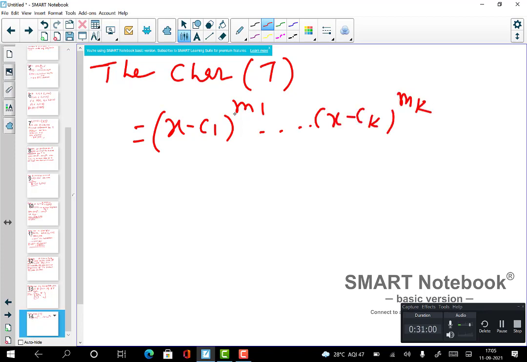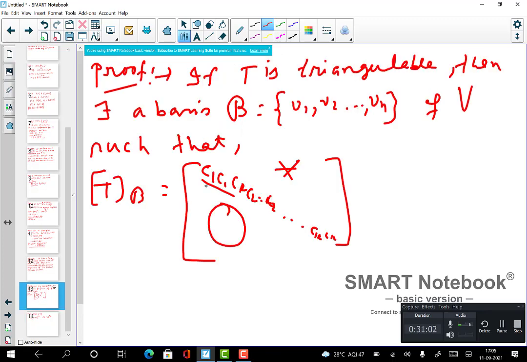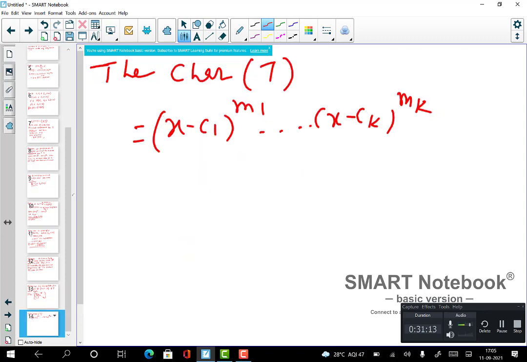And m1 is the number of times c1 repeats in the diagonal. Similarly, m2 is for c2, and mk is for ck. These are actually the algebraic multiplicities. And you already know that the minimal polynomial divides the characteristic polynomial.